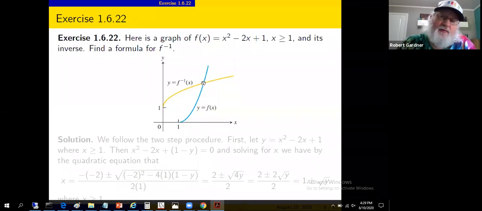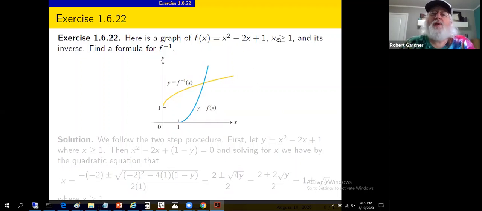It lies on both of them. This yellow part here would fold over to lie on top of the blue part here, or vice versa. And the blue part up here folds over to lie on top of the yellow part there, or vice versa. Yeah, the graph looks reasonable, that these are reflections about the line y equals x of each other.